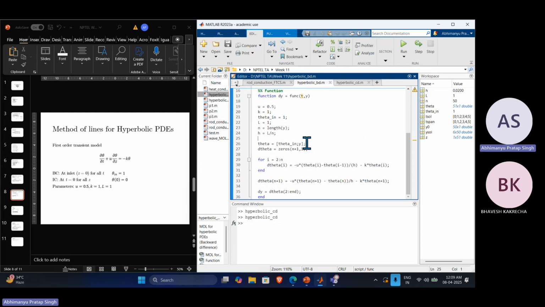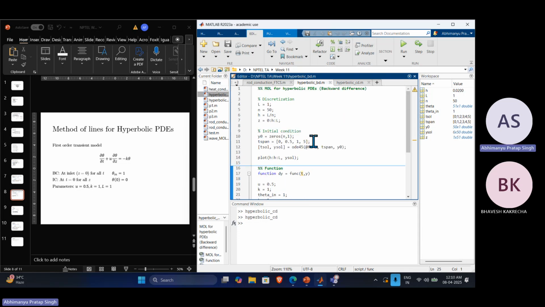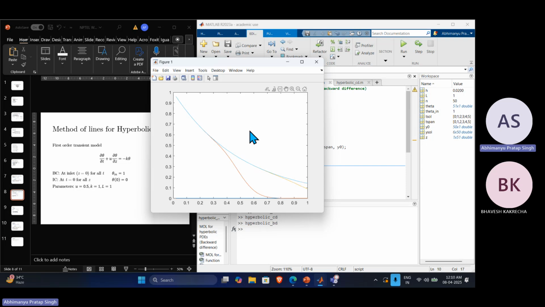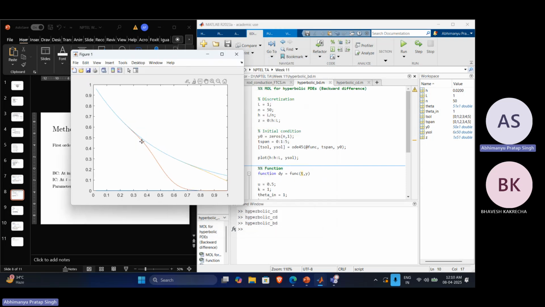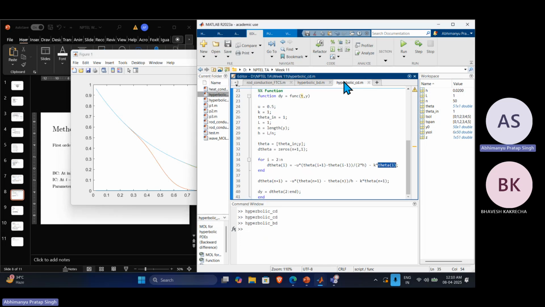For the same values, we get a much more stable solution.